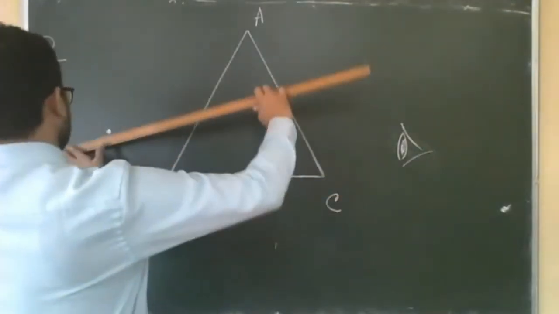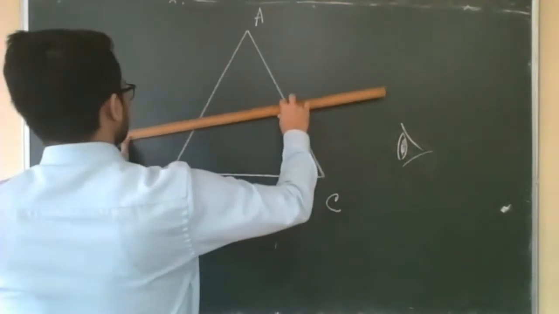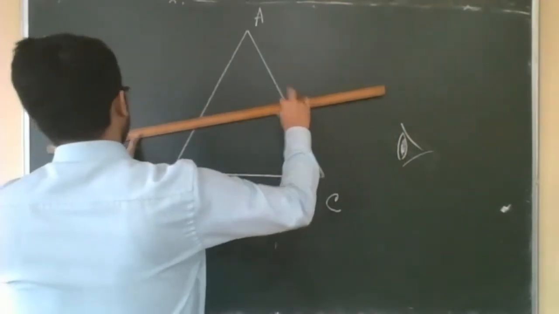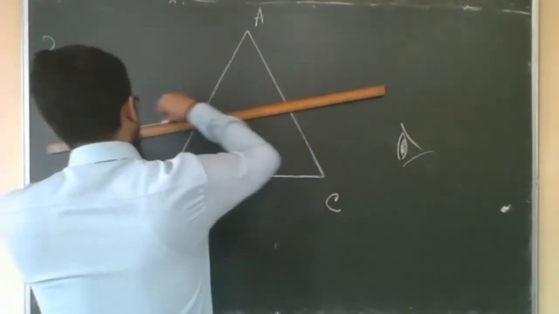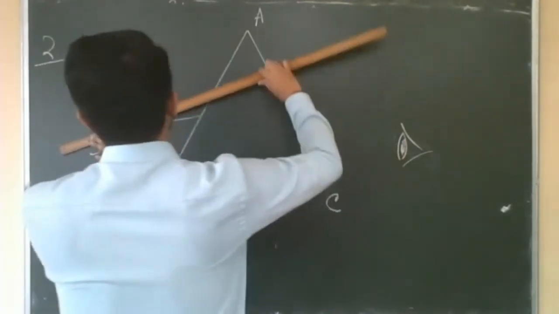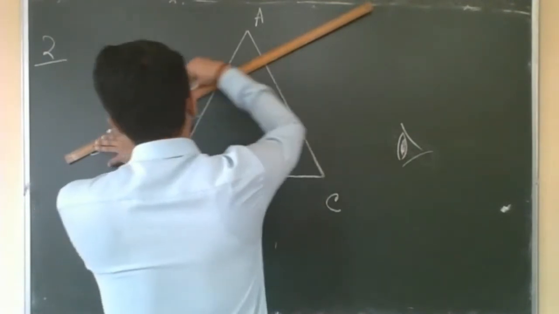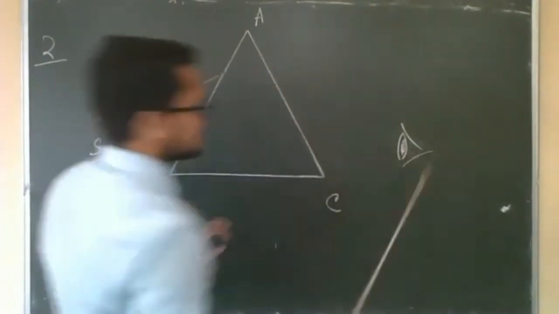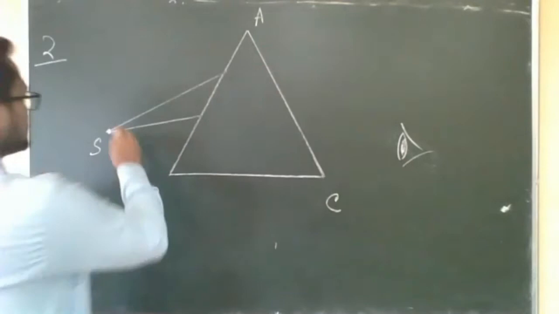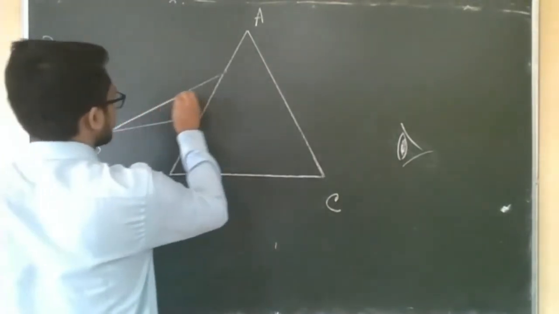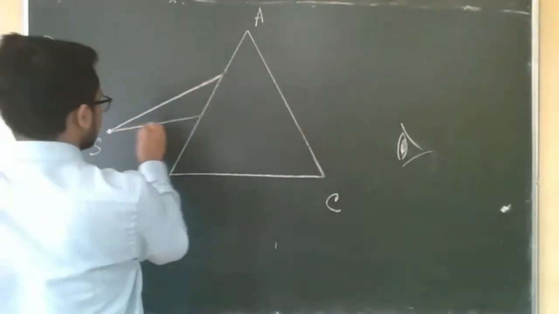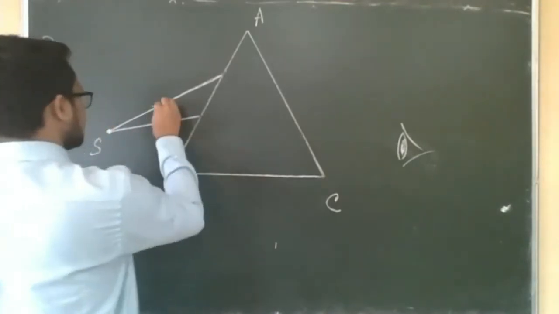Here we will take two rays because we have to draw the ray diagram and find the image. Whenever we have to find the image, we will take at least two rays, in such a way that they enter this eye. So this is one ray, this is another ray. These are the incident rays.